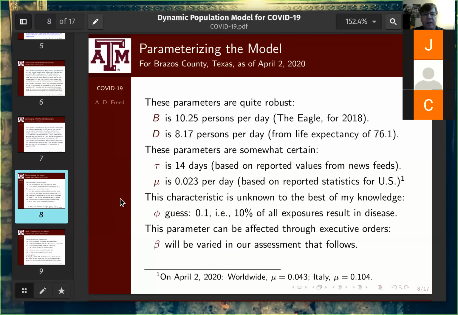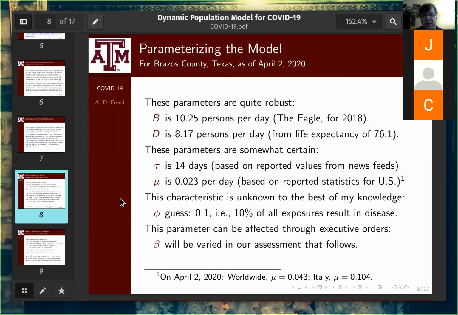What I really have no idea on is what is the rate of transmission between those that are exposed to somebody who's infected, and of those exposures, what percentage actually become infected with the disease. So I guess 10%.